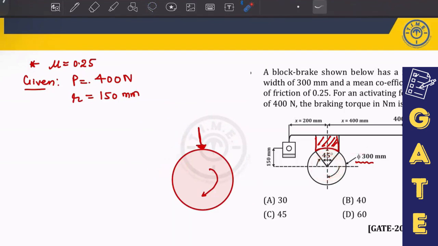So where will the friction force act? In case of the drum, can anyone please tell me in which direction the friction force will act? Is it acting on the right side or left side?